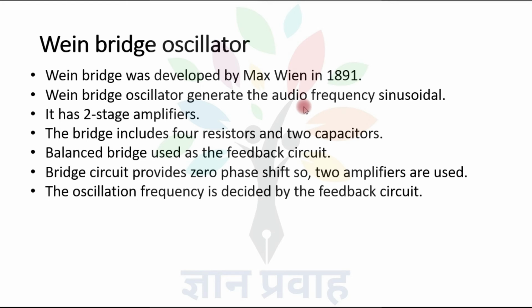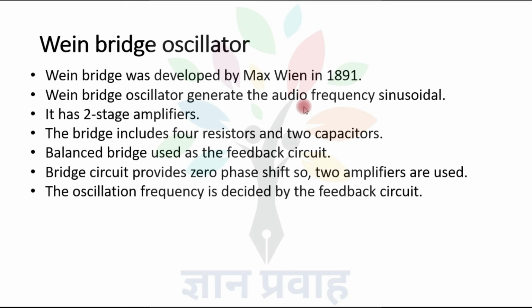And here the feedback circuit is in the form of a bridge. That's why the configuration is called a bridge oscillator. The bridge includes 4 resistors and 2 capacitors, and a balanced bridge is used as the feedback circuit. The bridge circuit provides zero phase shift.